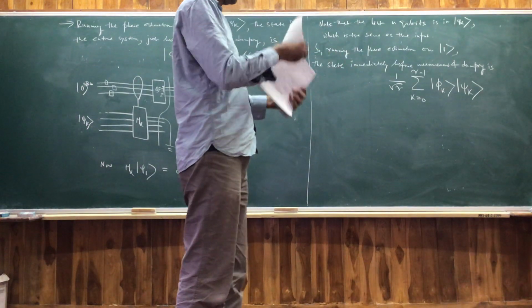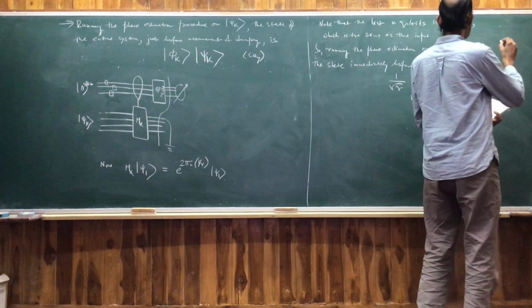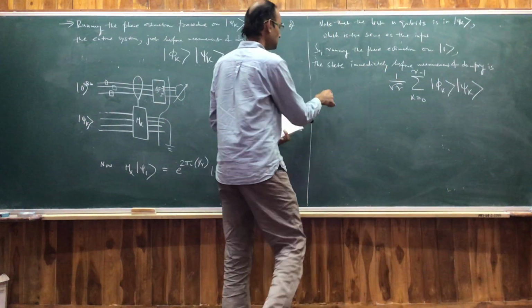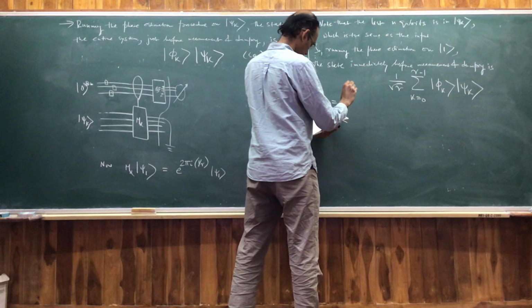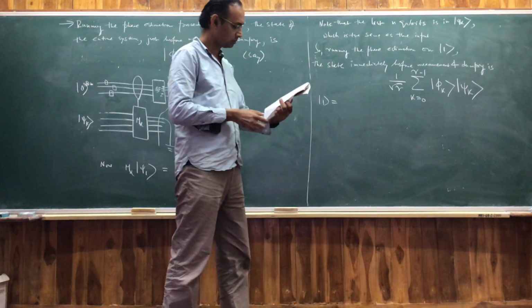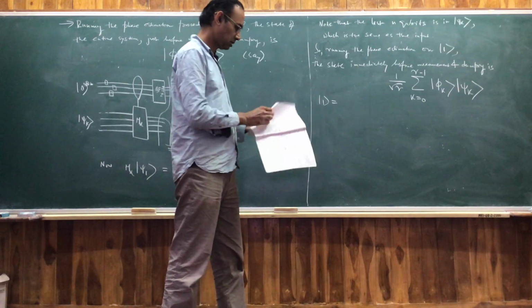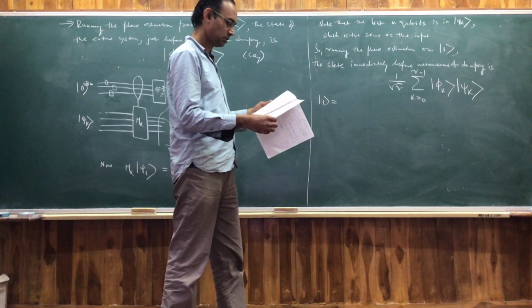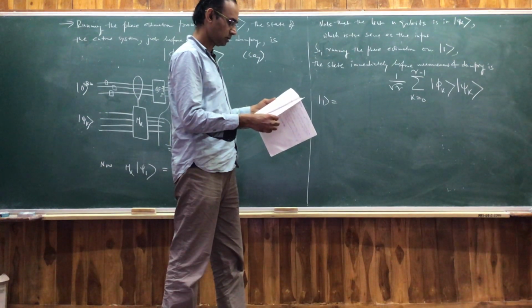So there was a mistake in the last page. It was on R minus 1. So this thing that was written here, I hope that is true. I think the eigenvectors only ran up to R minus 1.